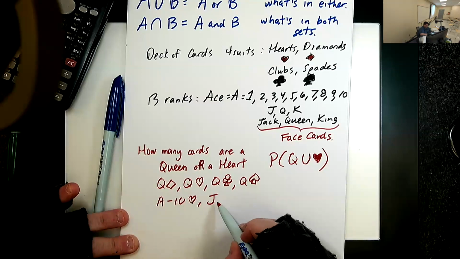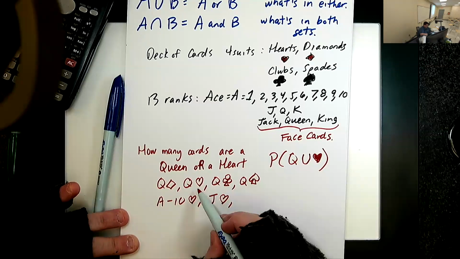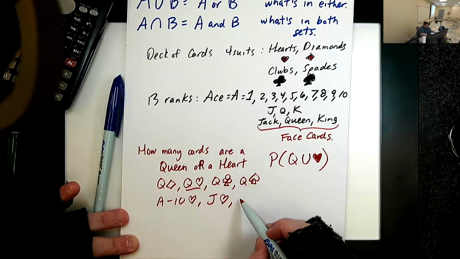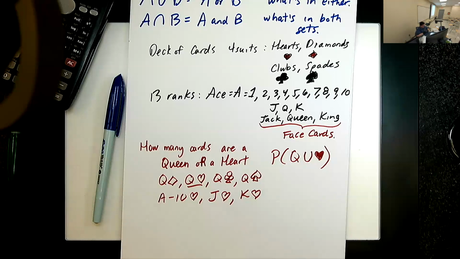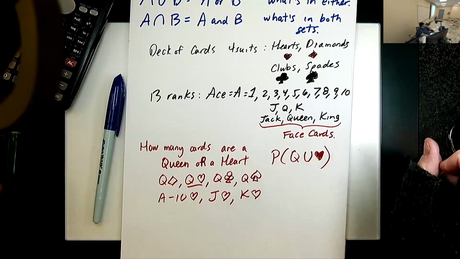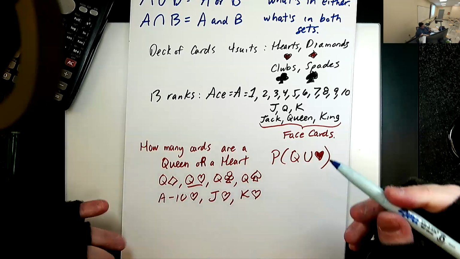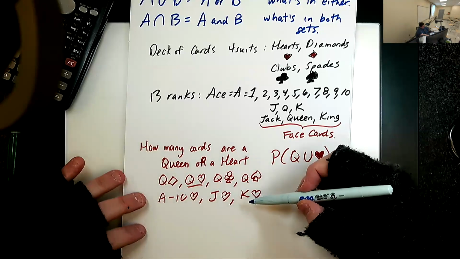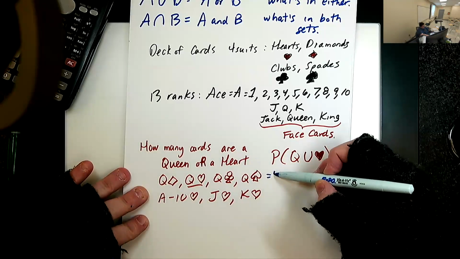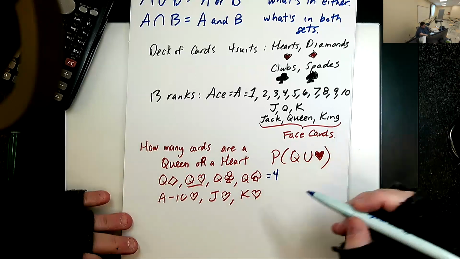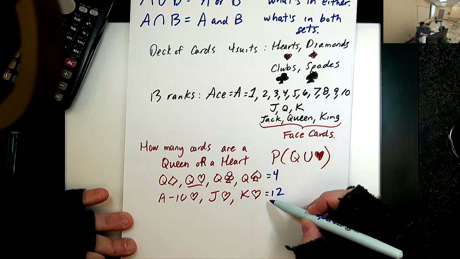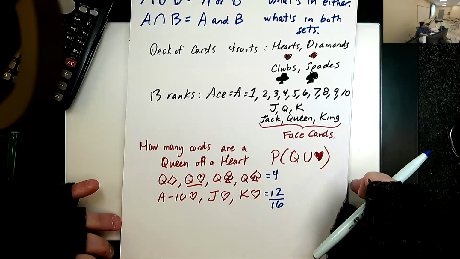We have the jack of hearts. We've already done the queen of hearts, so I don't need to do it again. And we have the king of hearts. There's 4 here. And there's 12 cards listed here, which is a total of 16.